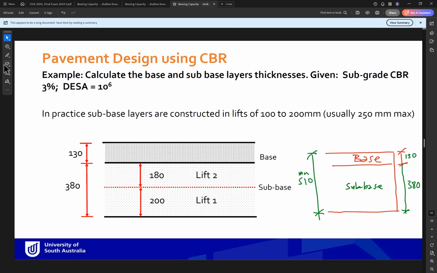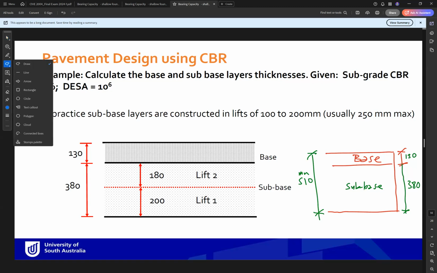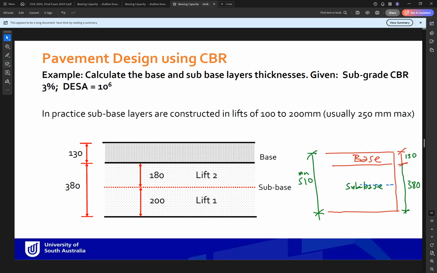In the practical application of the pavement, they divide the sub base into 2 layers, because we need to compact the sub base, and 380 is too much to be compacted at once.